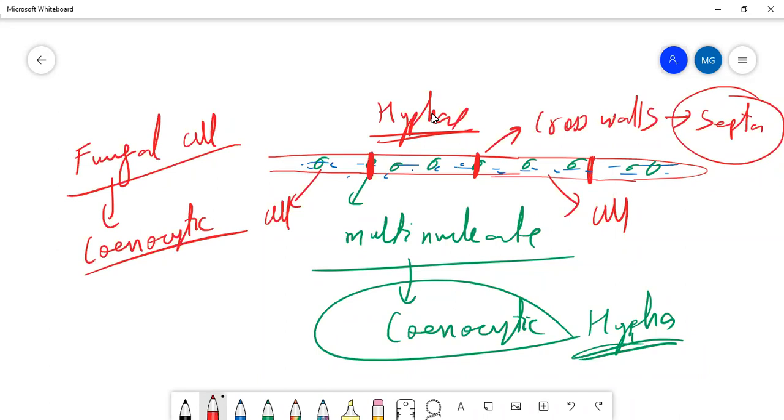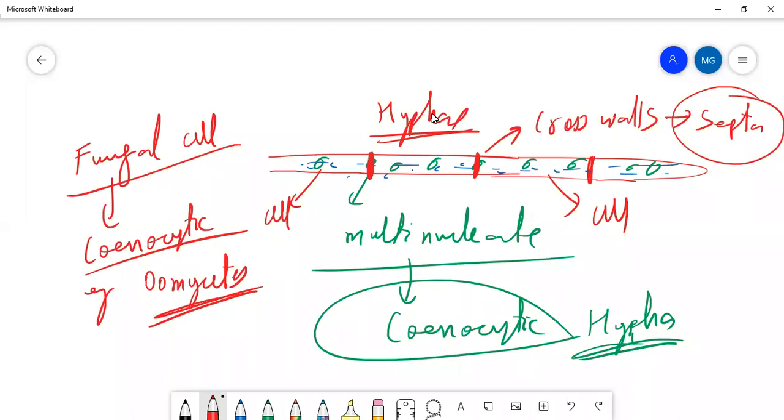For example, we have Oomycota, oomycetes. Oomycetes is one of the categories within fungi. Everyone must have heard the name of oomycetes.